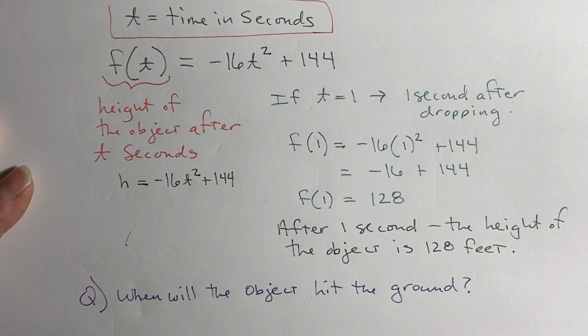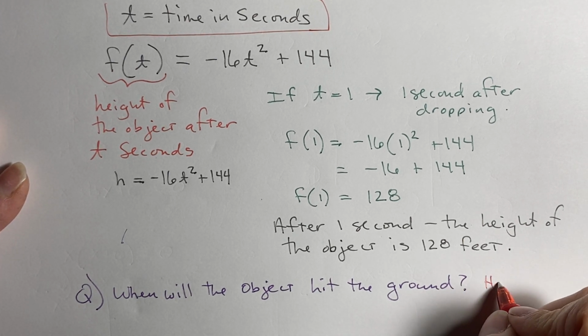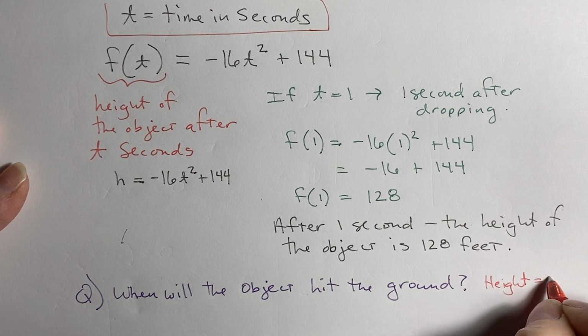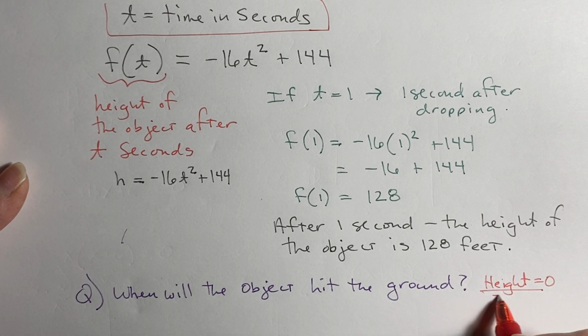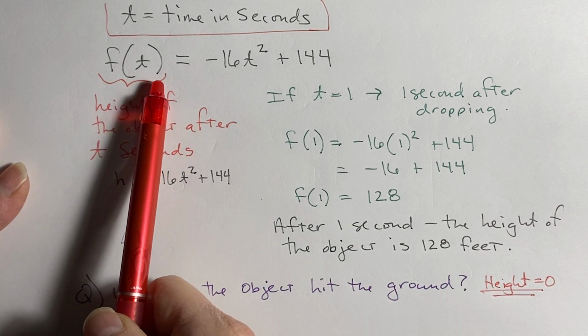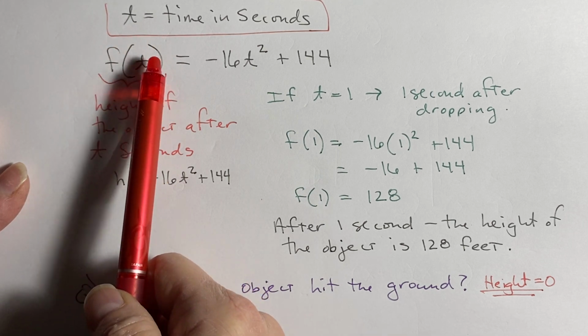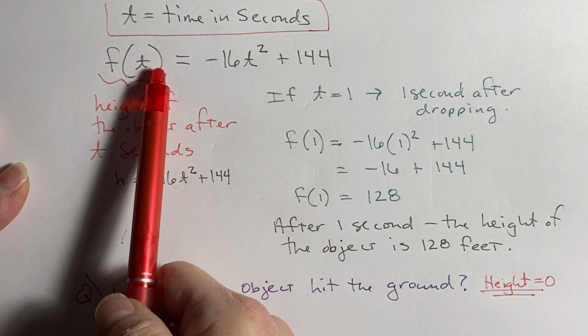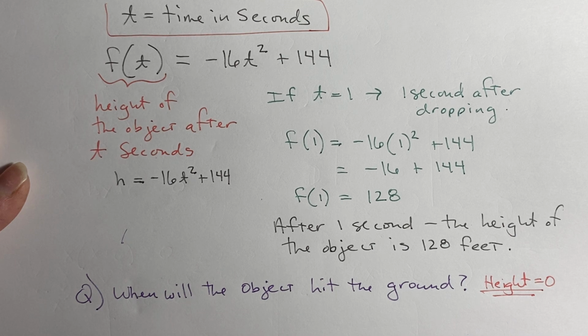The height when it hits the ground is 0, right? When it hits the ground, the height is 0. So right in here, this whole thing, not in for T, but this whole thing, we're looking for T. When will the object hit the ground? So we're looking for T when the height is 0.